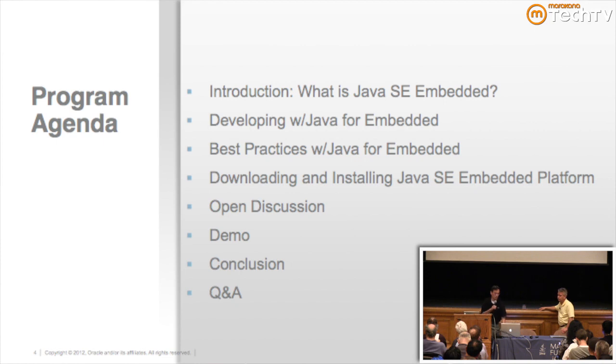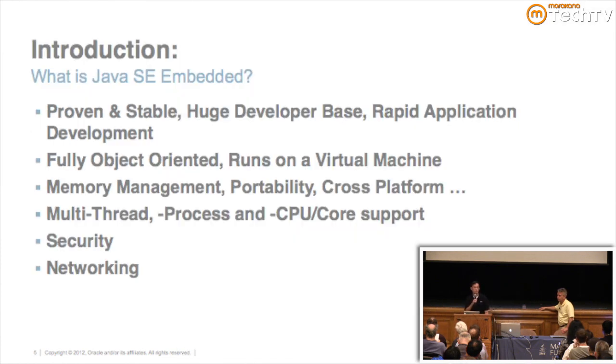Jumping right into it, the introduction to Java SE Embedded: we have a proven and stable platform. It's got a huge developer base, which shows in how many people have come out for a Java talk. And there's rapid application development that you could do with it. You all know, being part of the Java community, it's fully object-oriented and runs on a virtual machine.